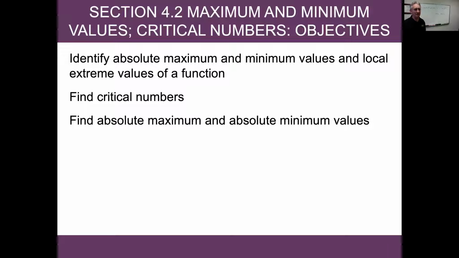They use the word extreme, and they'll use the word extrema in a second. But the idea is that it's talking again about maximum and minimum values in a particular region. When we say local, we're saying in a close region, just a small segment of the graph. We're going to find critical numbers, and we're going to actually find absolute maximum and absolute minimum values of a function.